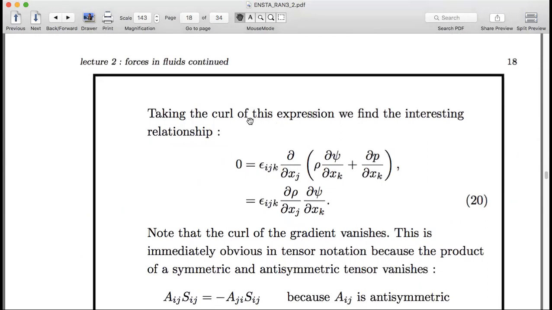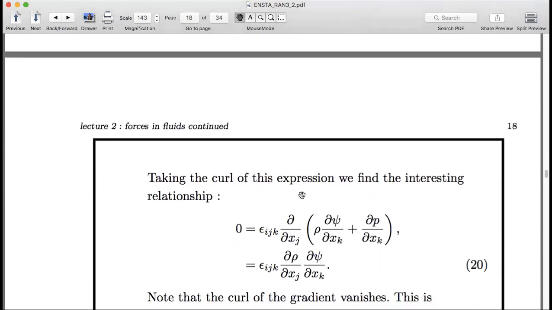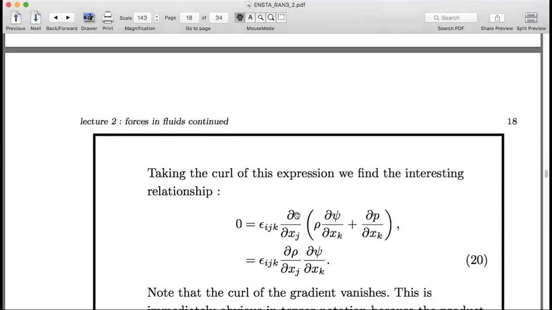And now I want to take the curl of this expression. What do I mean by that? This thing is going to be my second vector, and the d by dxj is my first vector, and I'm taking the cross product between them.